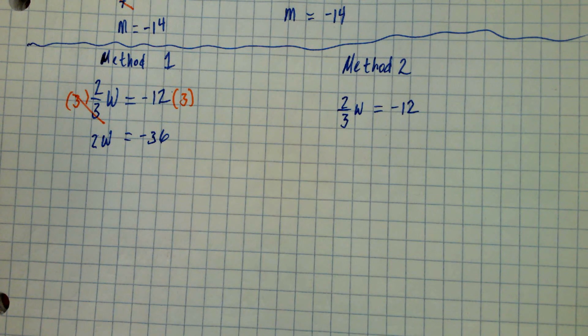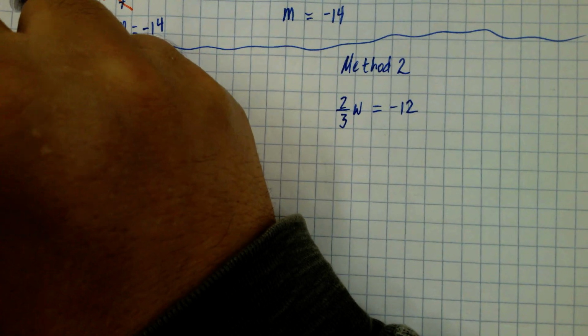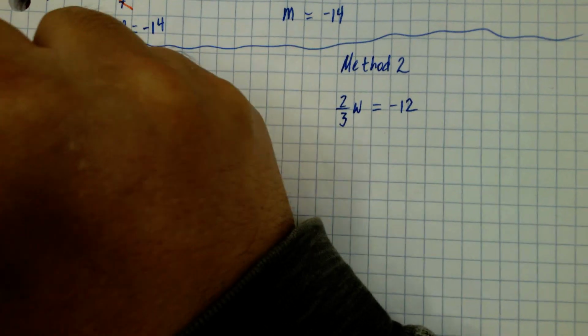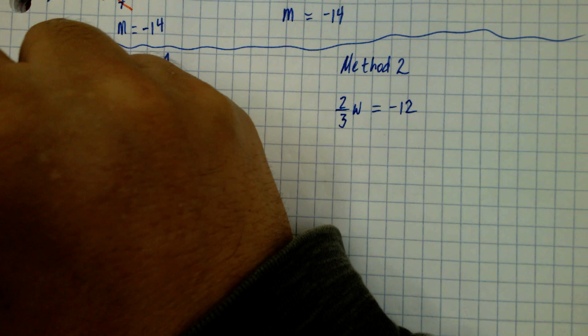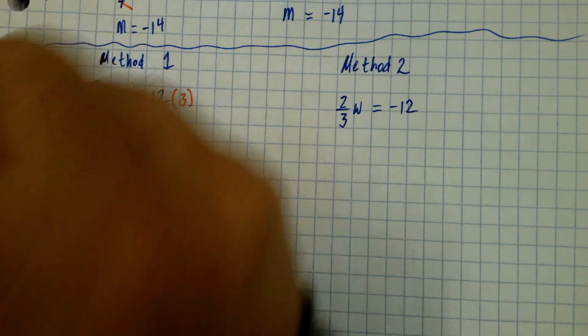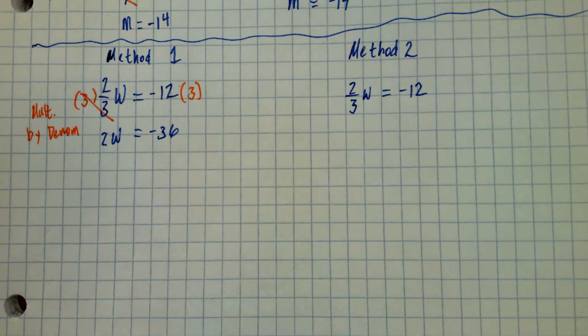So first we divide, or I'm sorry, multiply. Multiply by denominator. I'll just put denom. That's what we did there.